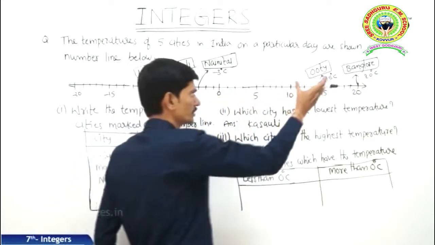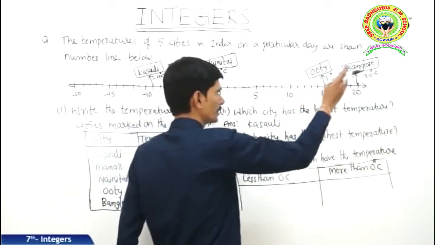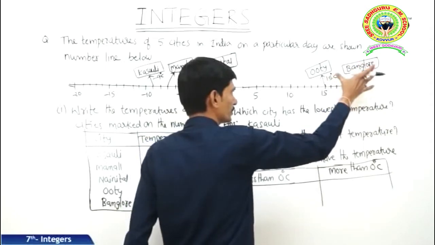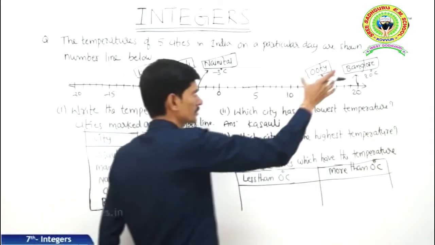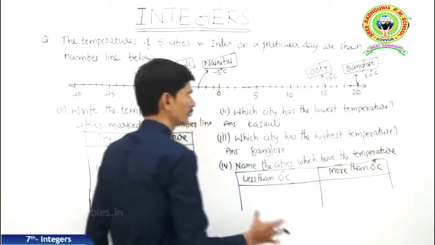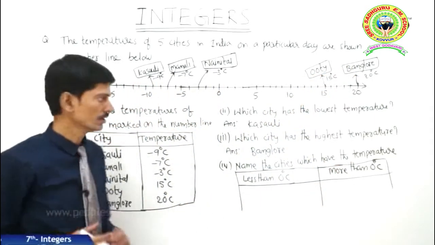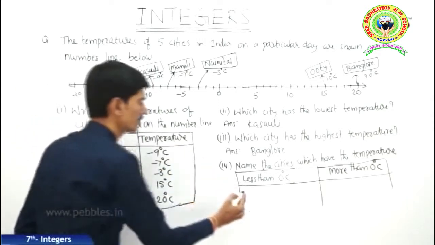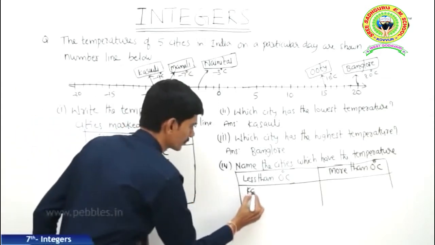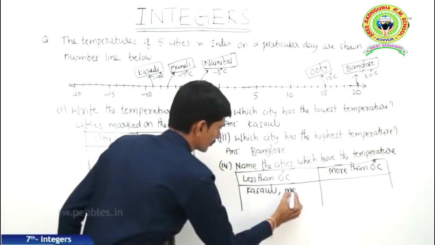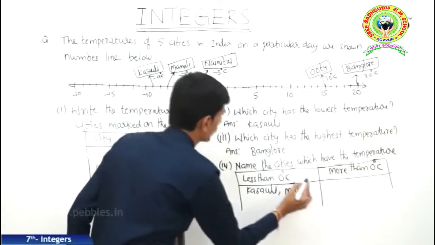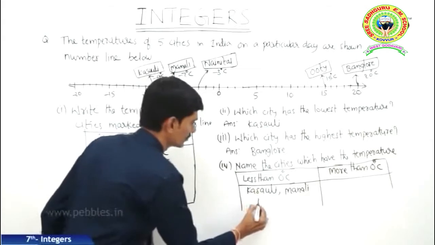Their temperatures, 15 degrees centigrade and 20 degrees centigrade, are more than 0 degrees centigrade. So these two are the cities which have the temperature more than 0 degrees centigrade. So we can write Kasauli, Manali and Nainital.